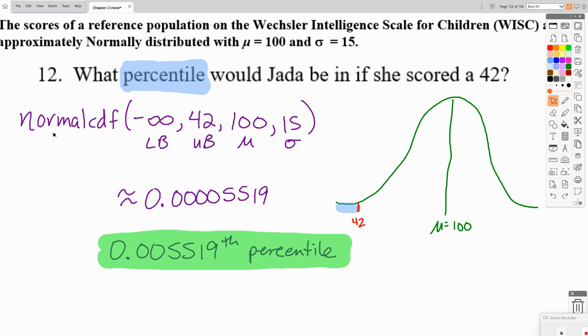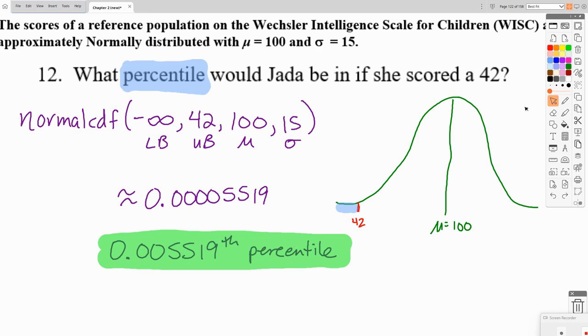So normal CDF. So 0 realistic lower bound, theoretical negative infinity. We want to go up to 42. 100 for the mean, 15 for the standard deviation, and you might freak out the first time that you saw that number because it was going to say something in scientific notation, probably 5.519 times 10 to the negative fifth power.